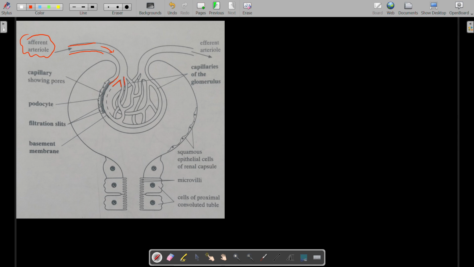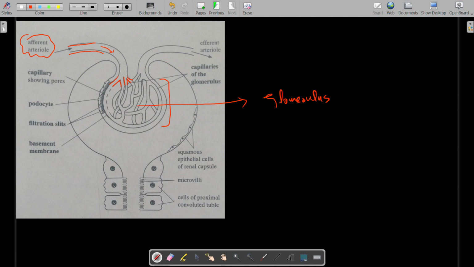This mesh of capillaries that you find here, this is what we call glomerulus.